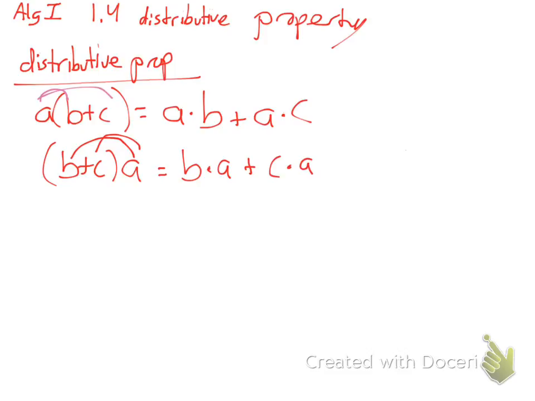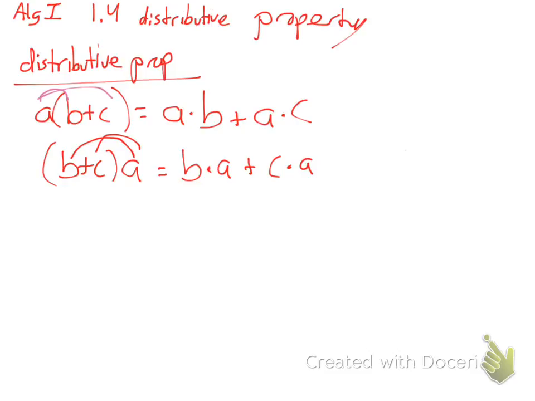Now remember, since multiplication is commutative, right? A times b, b times a, doesn't matter. They're the same thing. They're the same value. And you can add numbers in any order. So technically, these 2 groups here can be switched as well.